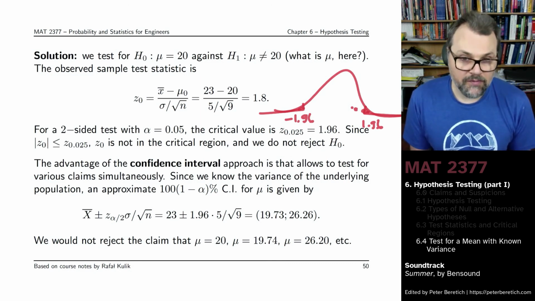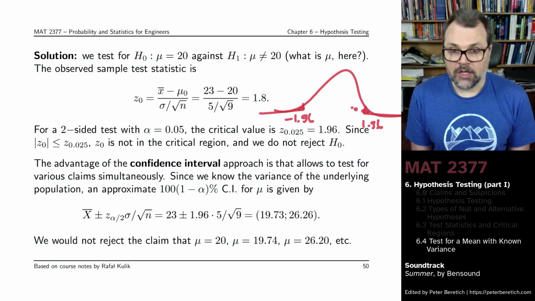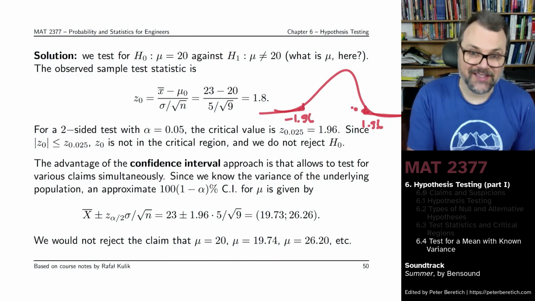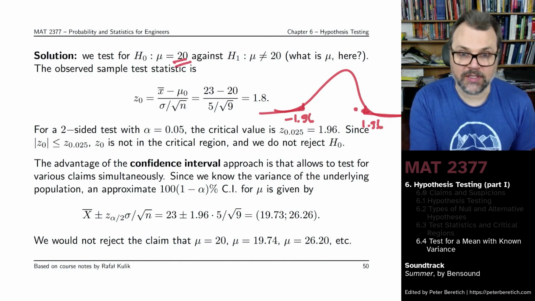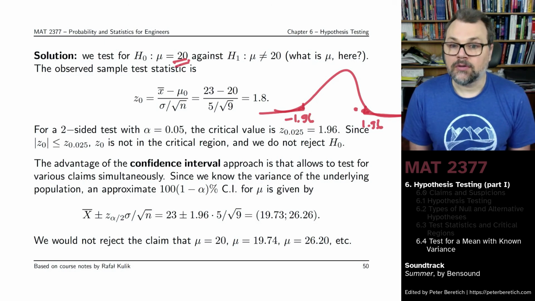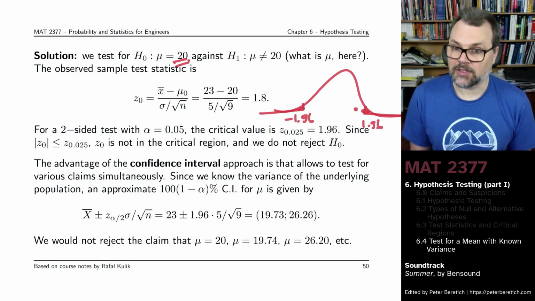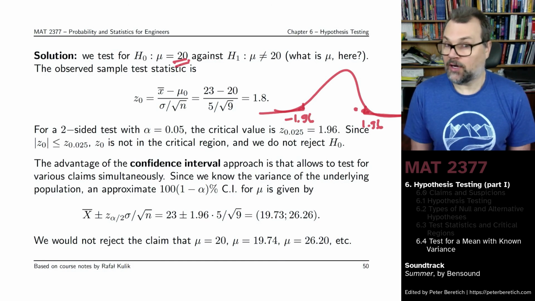If you use a confidence interval approach instead, you will now be able to test for various claims simultaneously. Like here we've just tested for the claim that mu is equal to 20. And we found that we don't have enough evidence to say that this is a false claim. But what if we wanted to also test for 20.5, 21, 22, and so forth?